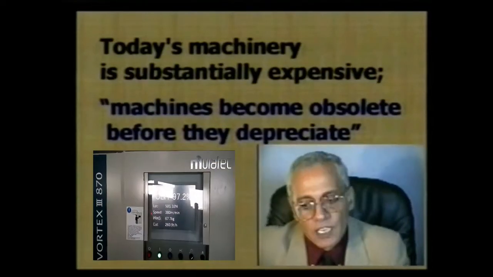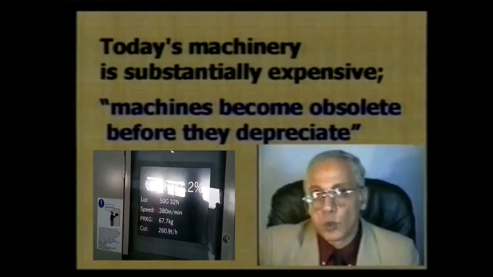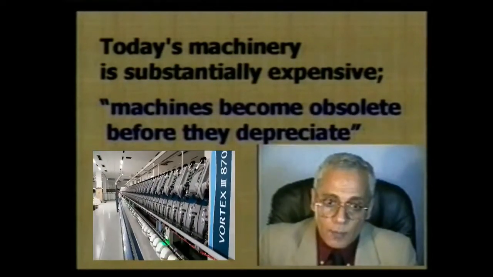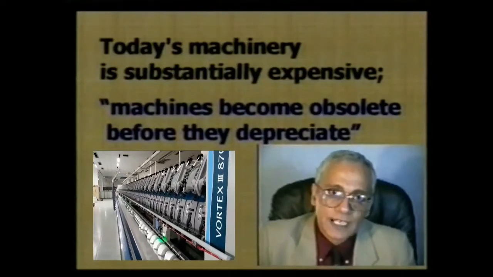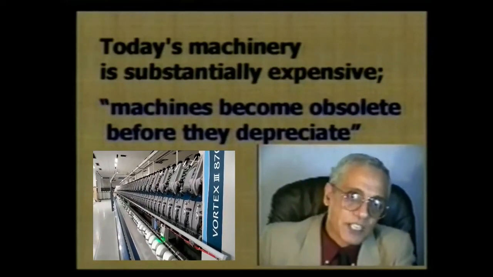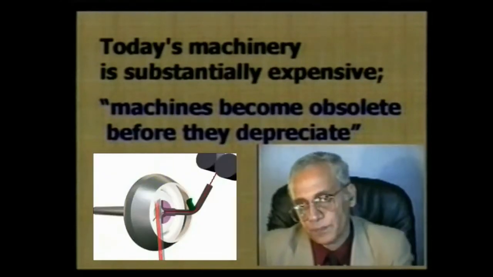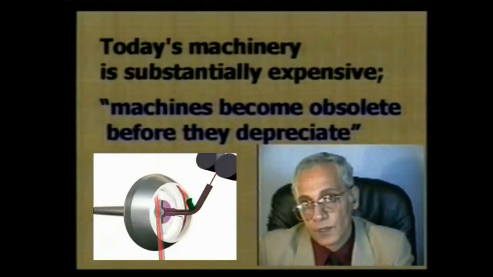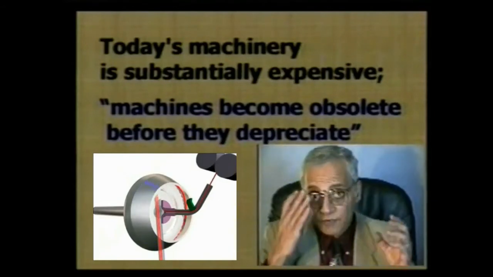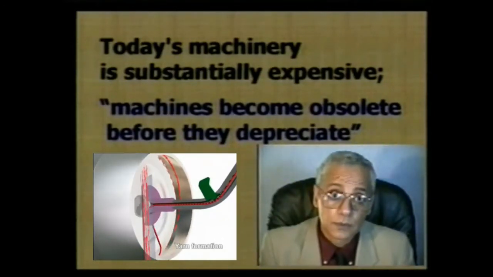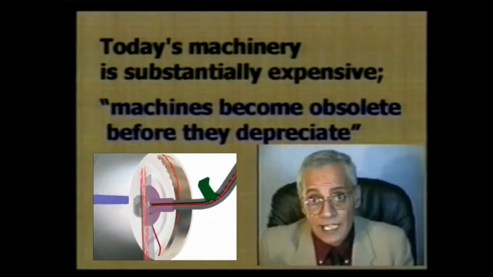Today's machinery is substantially expensive. We all know that. But to make matters additionally complex, machines become obsolete before they depreciate. So now we have a revolutionary technology, but it doesn't last that long.